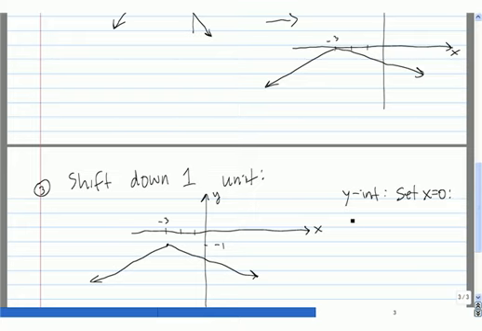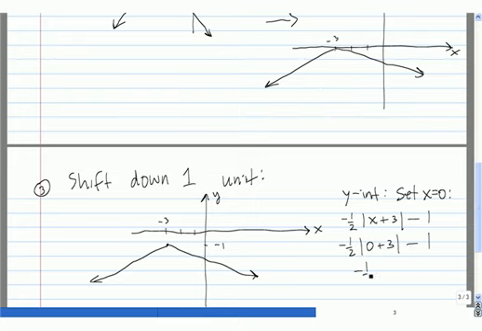Okay, so the original function, let's remember, is -1/2 times the absolute value of x plus 3, minus 1. So we set x equal to 0, we get -1/2 times the absolute value of 0 plus 3, minus 1.